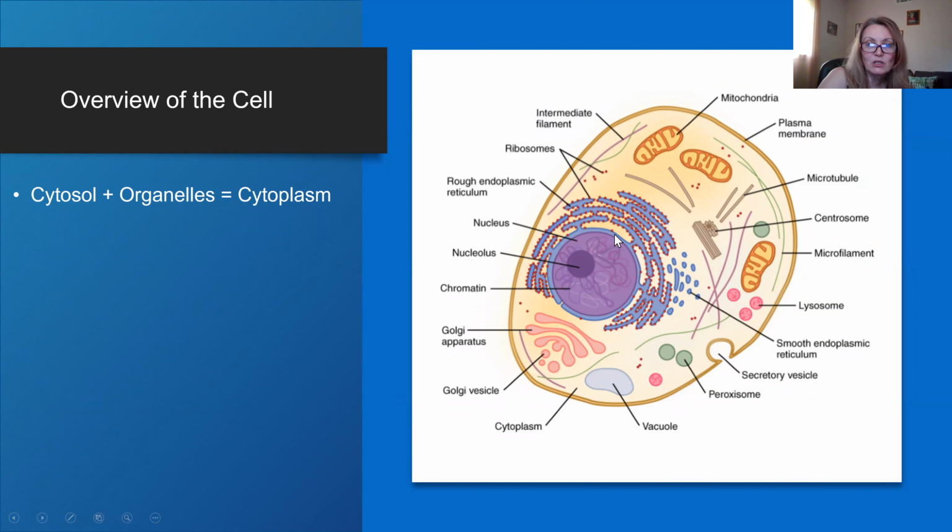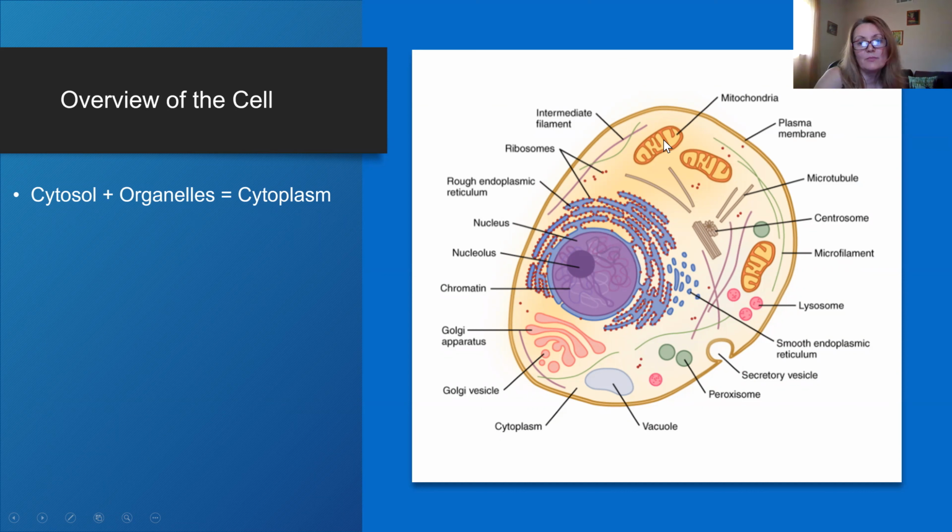Now, everything between the nucleus and the cell membrane is called cytoplasm. So cytoplasm, you see here, equals cytosol, that is the liquid portion of cytoplasm, and all the organelles between the cell membrane, or plasma membrane, that's the same, and the nucleus.